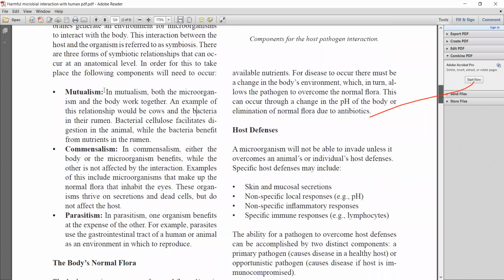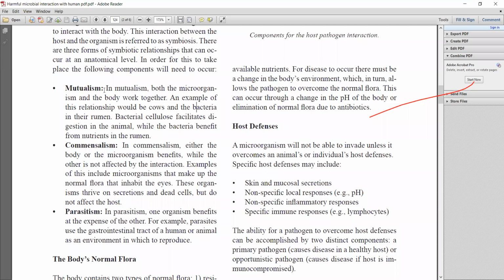First one is mutualism. In mutualism, what happens? Both the microorganism and the body work together. For example, the relationship between cows and the bacteria in their rumen. Bacterial cellulose facilitates digestion in the animal, while the bacteria benefit from nutrients in the rumen.